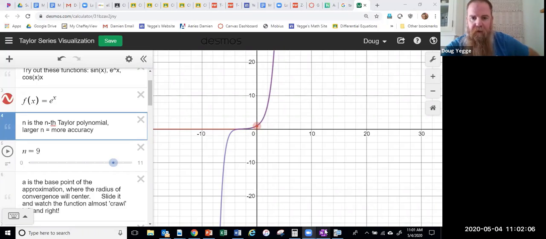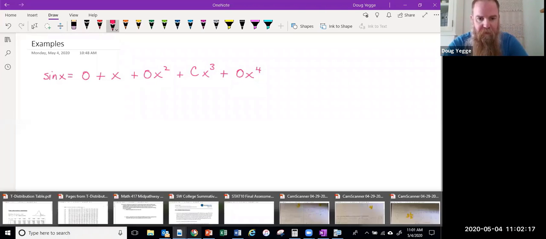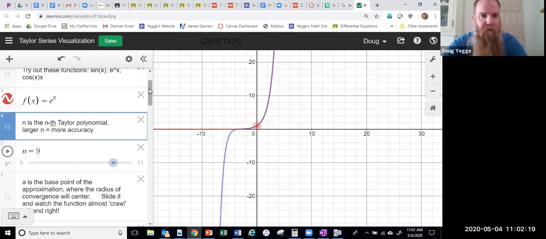Okay, so let's go ahead and take a look at this then. We're going to start off by approximating this polynomial, 2x to the 5th.